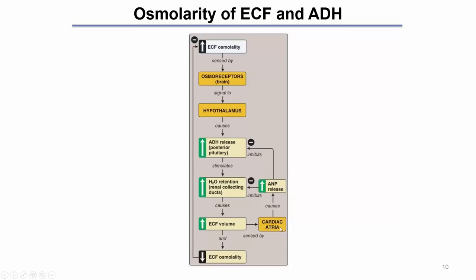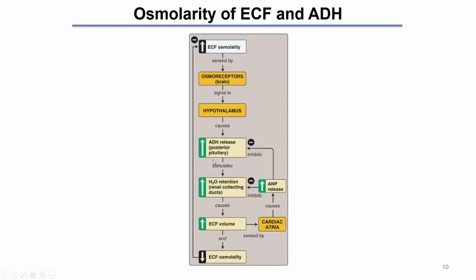That's going to be detected by the specialized atrial cells in the heart, and that will cause a release of ANP. ANP, as we'll see, will now inhibit the release of ADH and inhibit water retention in the renal collecting ducts, right?